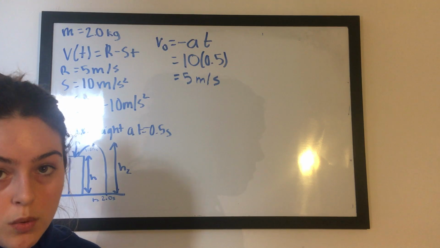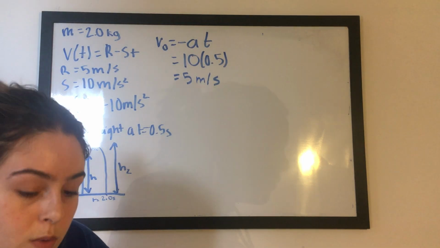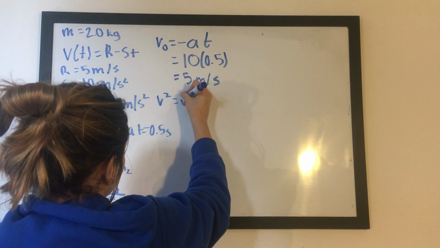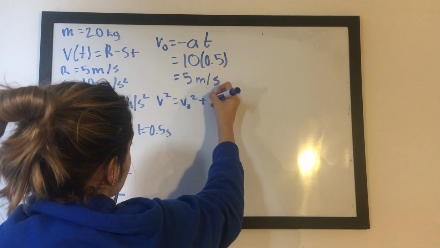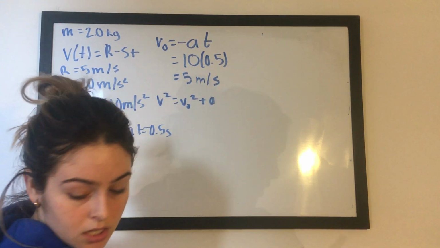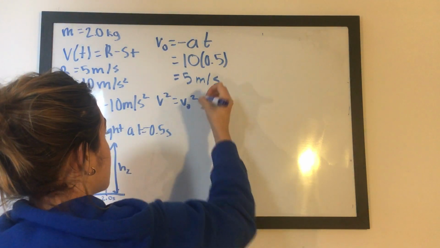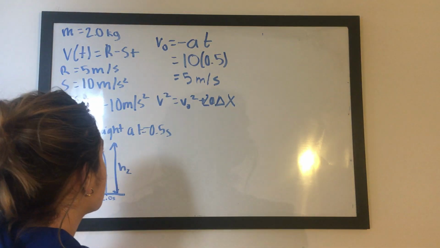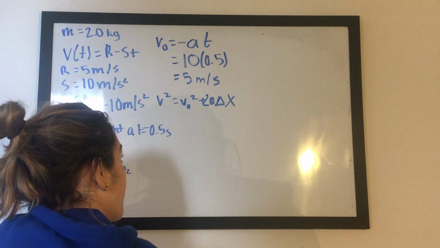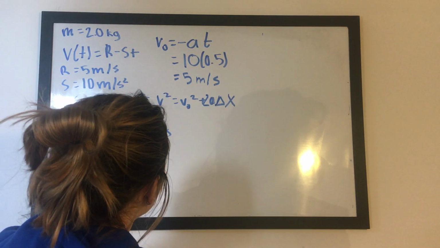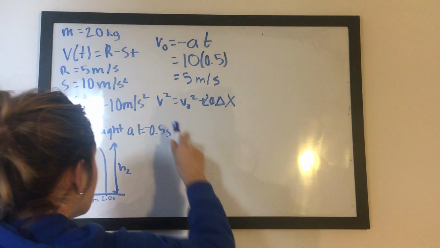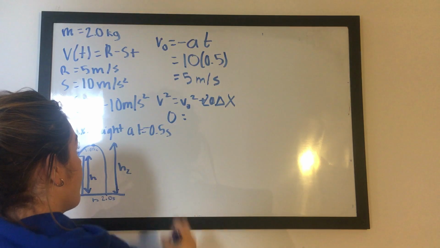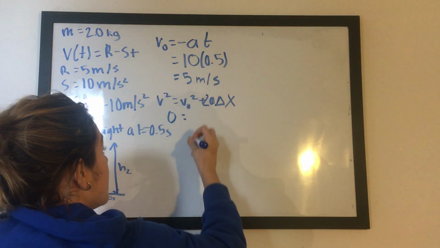Now that we know what the initial velocity is, we can use the equation of motion, which is velocity squared equals velocity initial squared plus 2 times acceleration times change in x, the displacement. We know that velocity squared at the height is 0. We know that velocity initial, what we just solved, is 5.